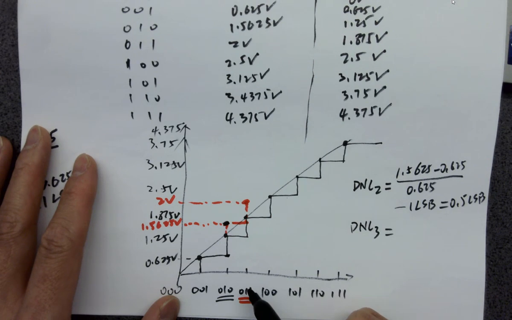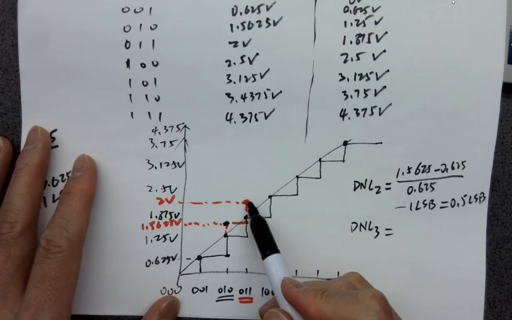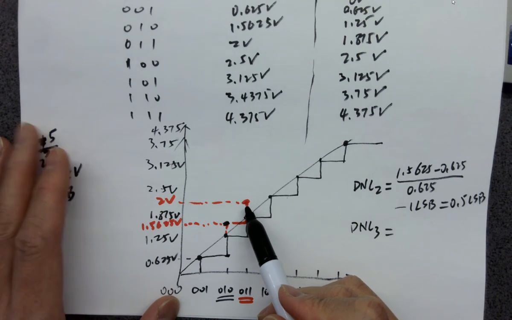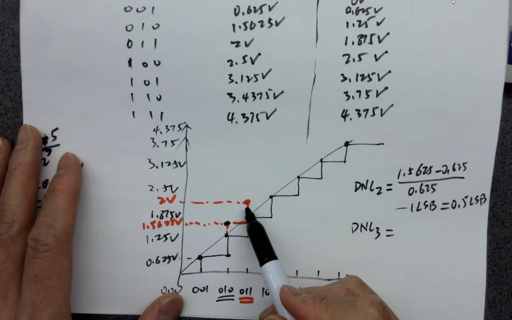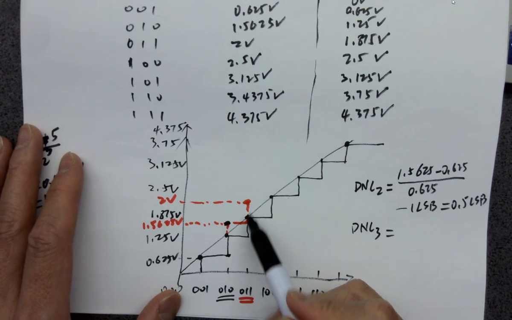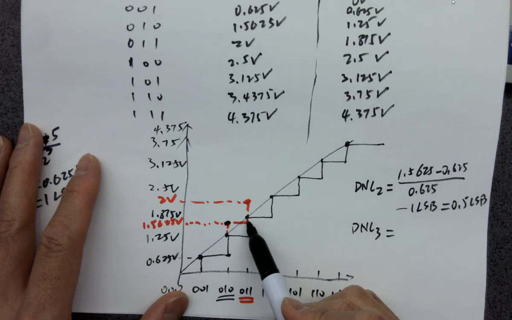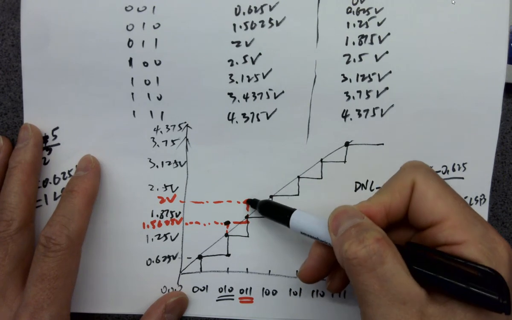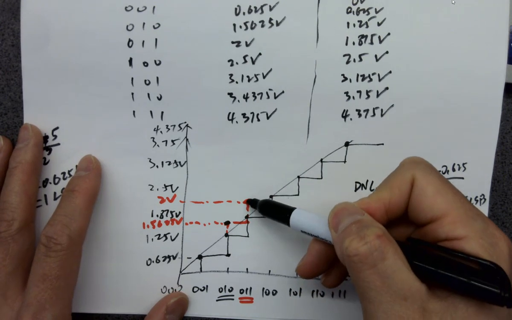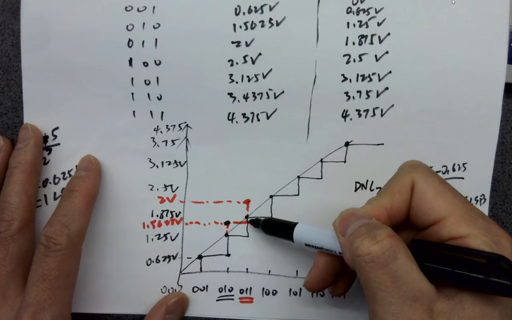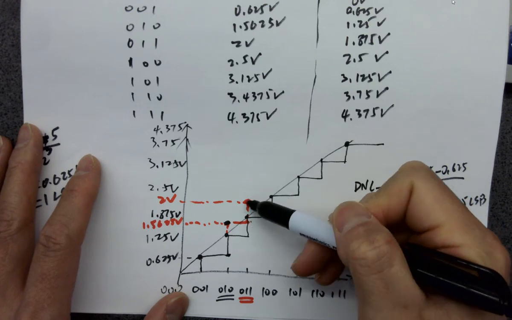The definition is the actual step size minus the ideal step size, and the ideal step size is always 1 LSB, it's not changing. But the actual step size, you just look at the curve. It's basically the final voltage output over here minus the previous voltage, which gives the actual step size.